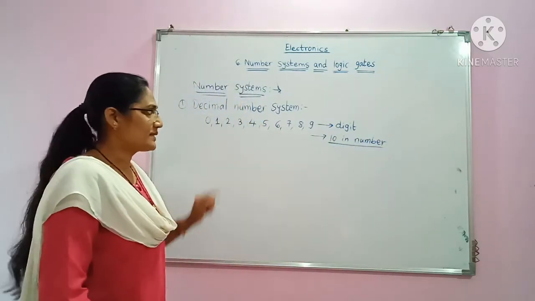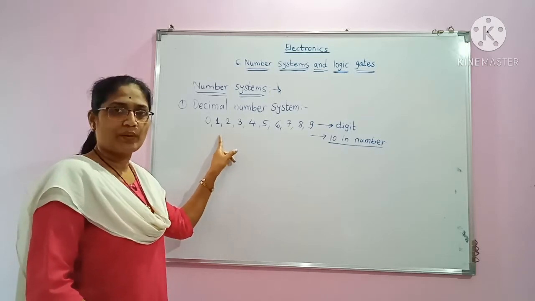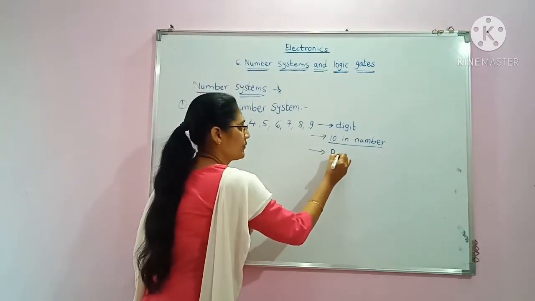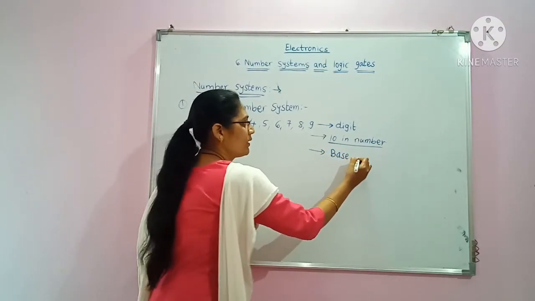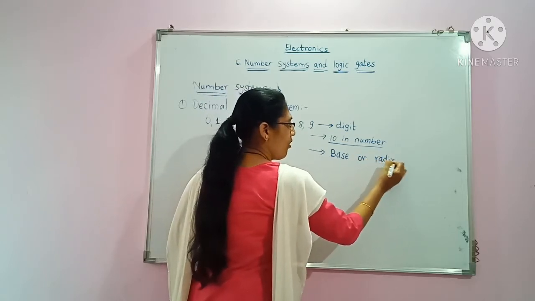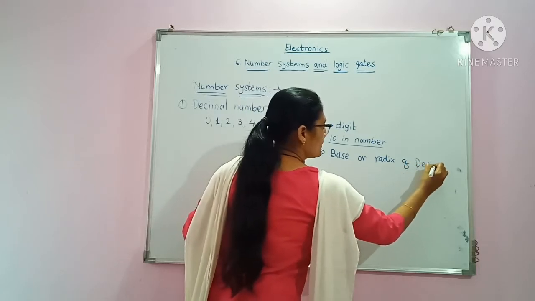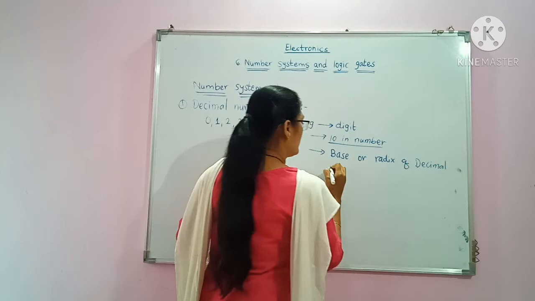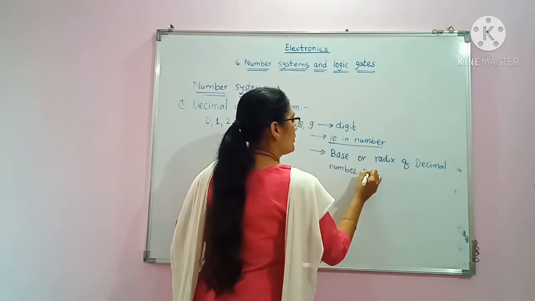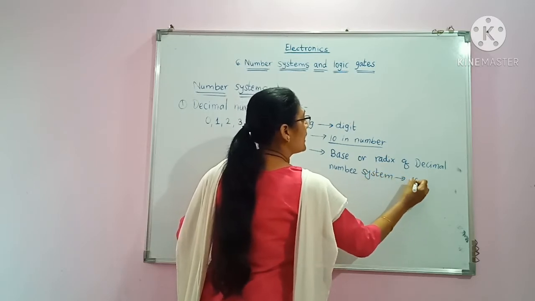So the base or radix of the decimal number system becomes 10.